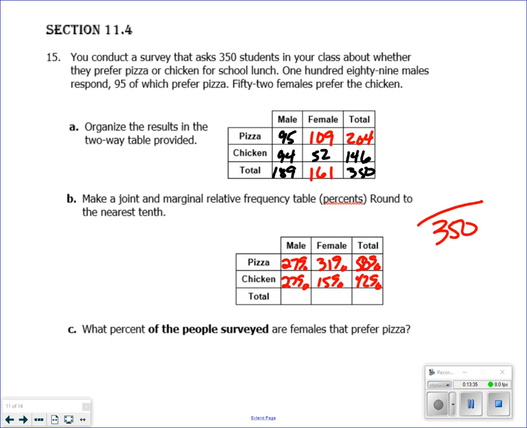And now for the grand total, you're adding up the column, 46% here, and 100% total. What percent of people surveyed are females that prefer pizza? So again, females that prefer pizza would be 31%.